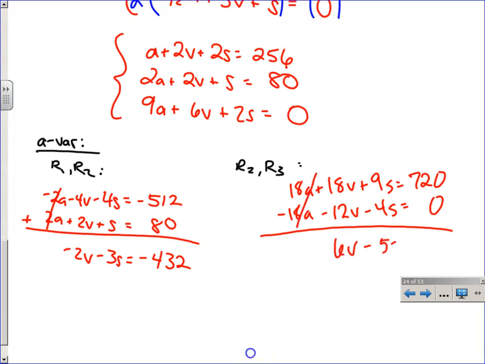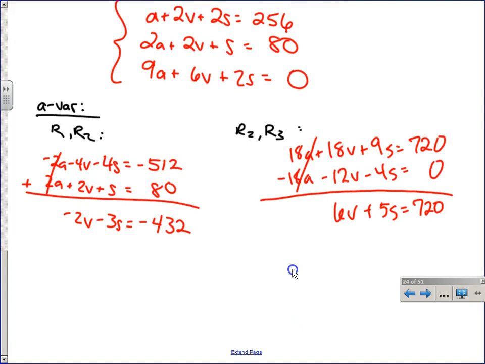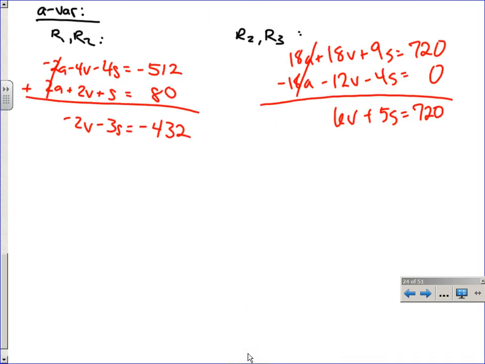Has anybody been checking my work? Is it looking good so far? I can make mistakes with the numbers too. Gracias, it's a plus. Whew. But otherwise, it's looking good. What's our system say? We got rid of the A's. Now we have 2 equations, R4, R5. It's time to get rid of the V's.